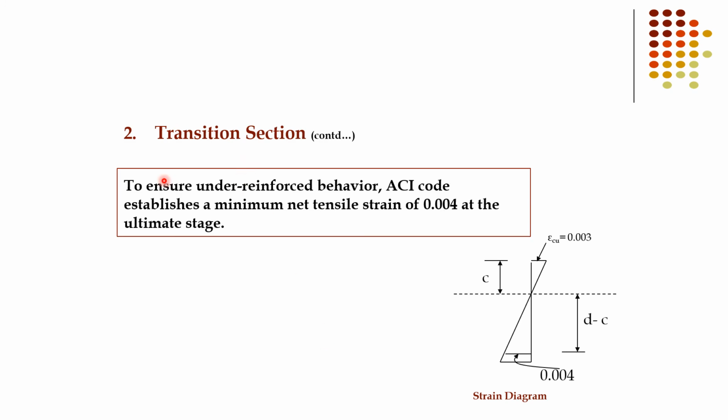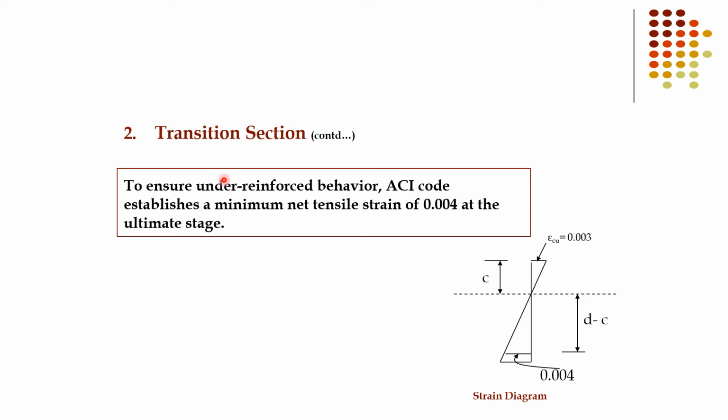Some guidelines for the transition section to ensure under reinforced behavior. ACI code establishes a minimum net tensile strain of 0.004 at the ultimate stage when the concrete strain is 0.003.